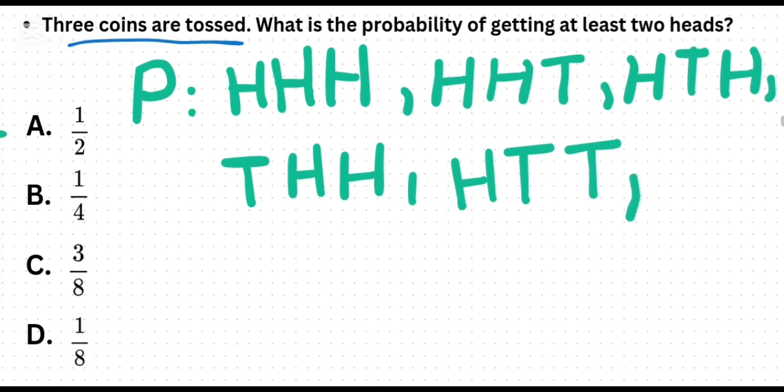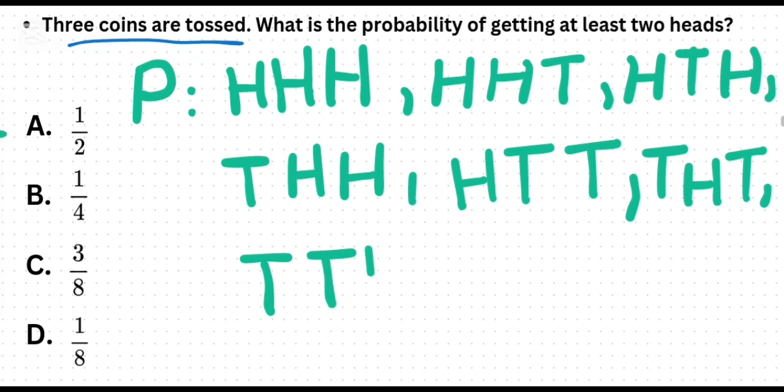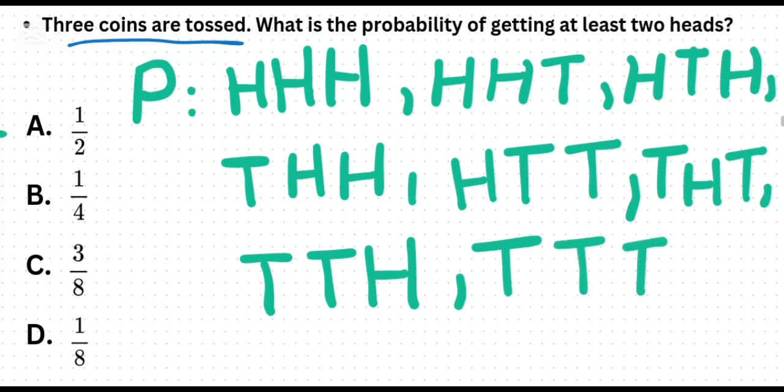The next is tail, head, tail. The seventh is tail, tail, head. And the last is tail, tail, tail. So the total possible outcomes are 8.